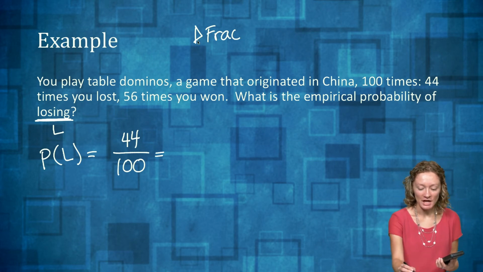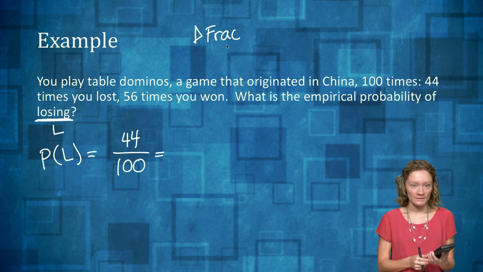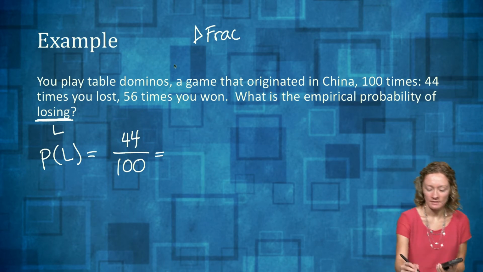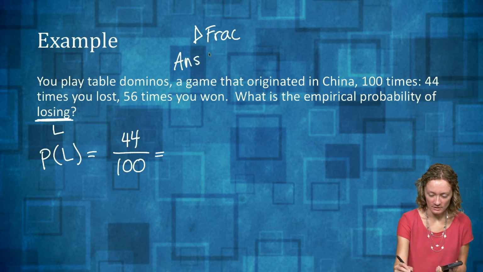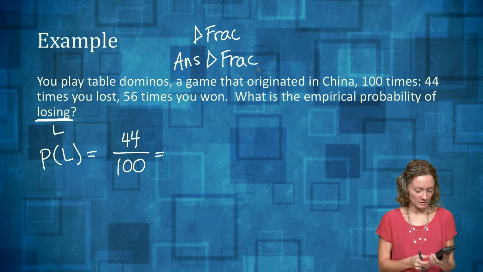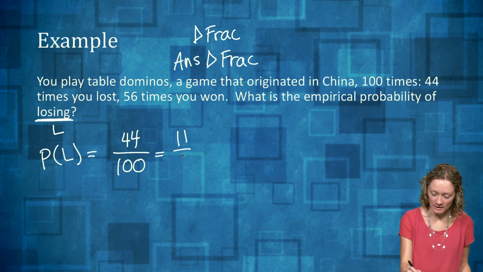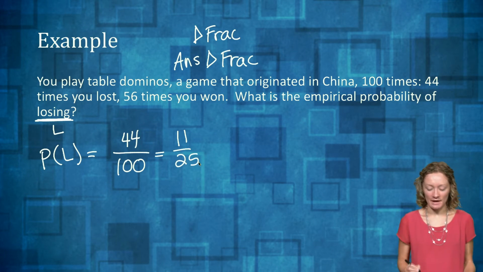This means change to fraction. So you hit enter on that one because that's what we want. Then the calculator says answer, which means take my answer, change it to a fraction. You hit enter, and it gives you the simplified version of the fraction, which is 11 over 25.